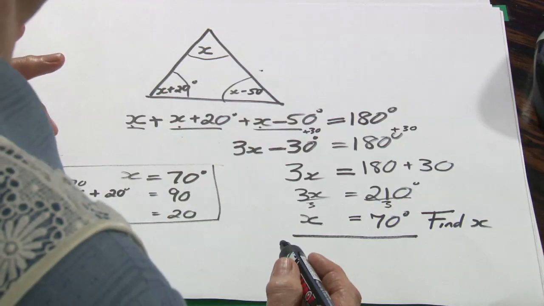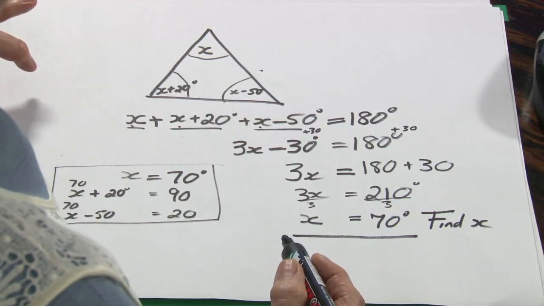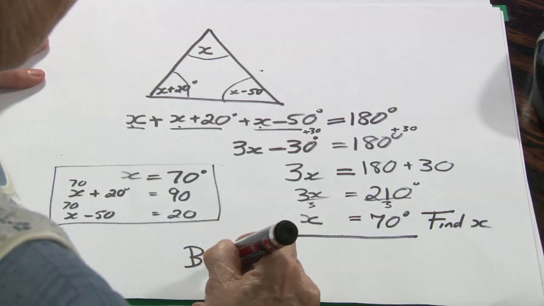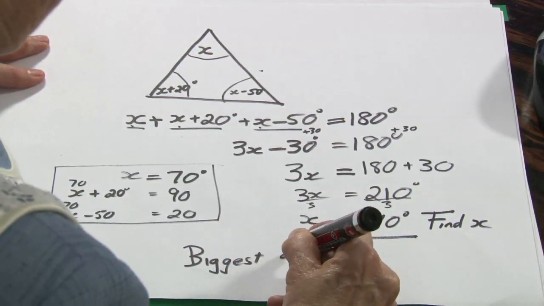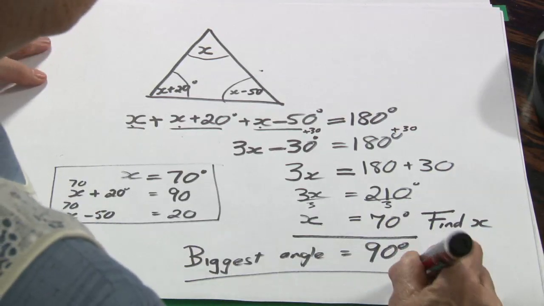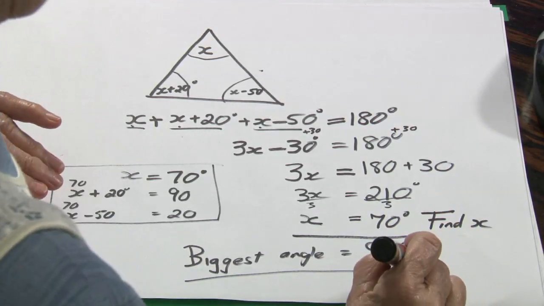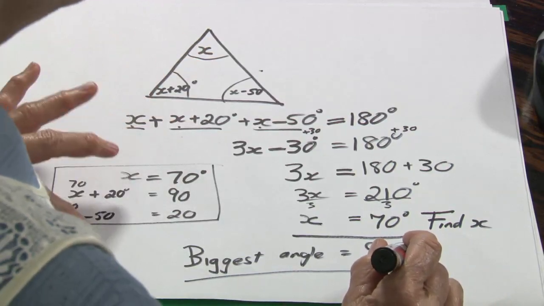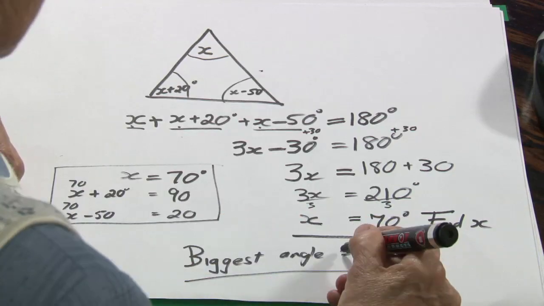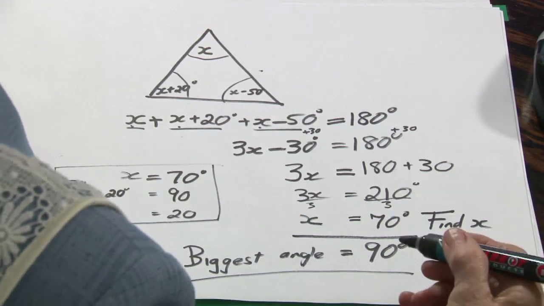But what did the question ask? Only the biggest angle. So I will say biggest angle equals 90 degrees. Don't write all 3 angles. You can work it out and show the working, just like I did here. But the biggest angle is your answer because that's what was asked.